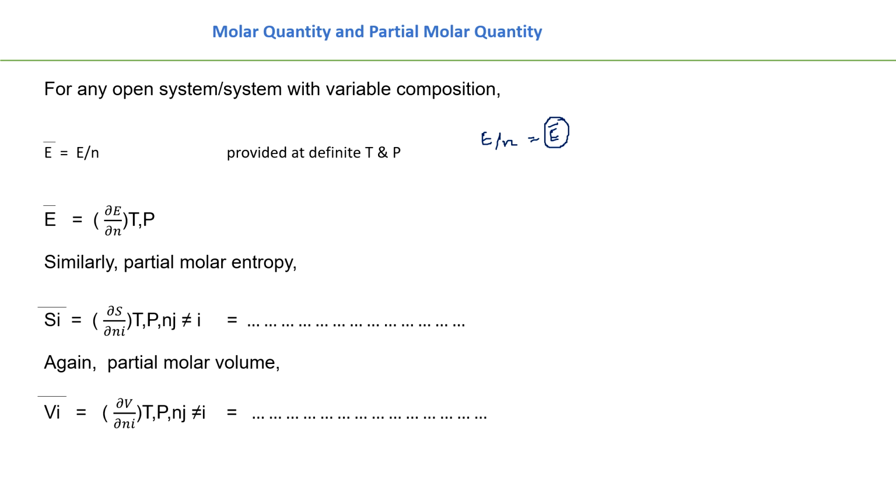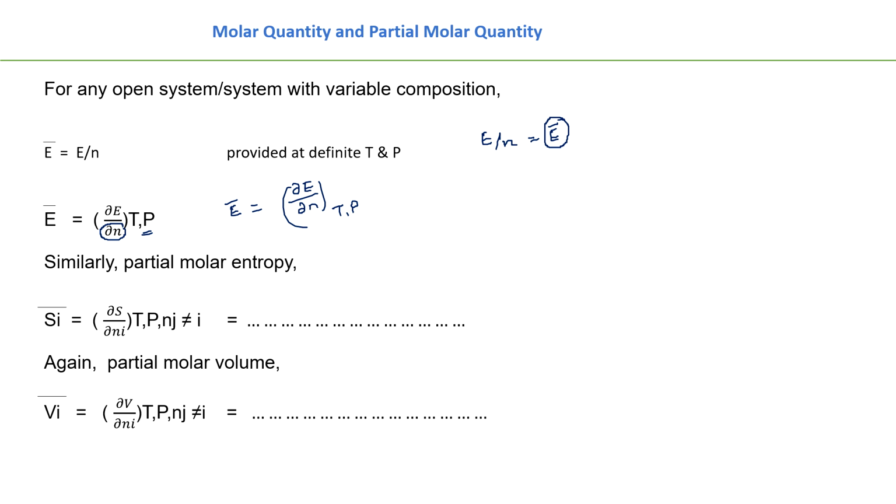In other words, we can write that increase of E when one mole of substance is added at constant temperature and pressure, then molar quantity is defined as dE by dNi at constant T and P.